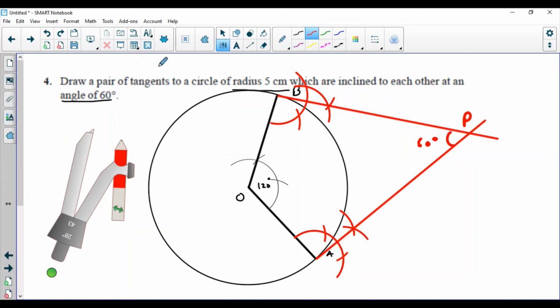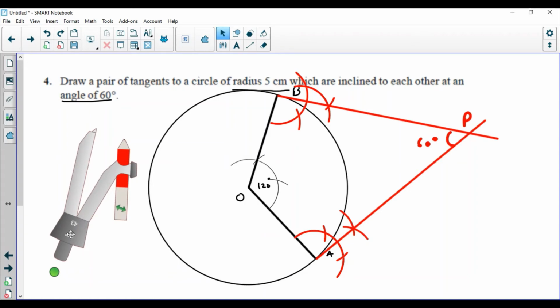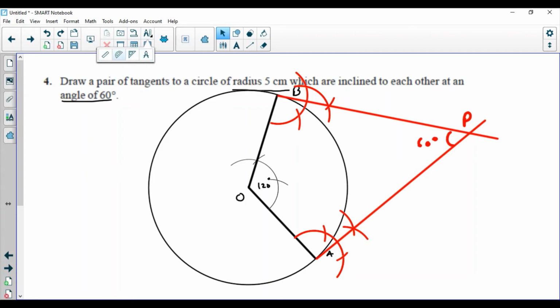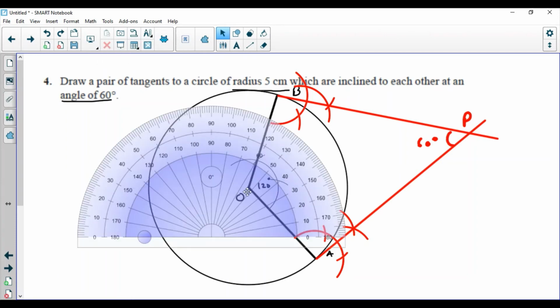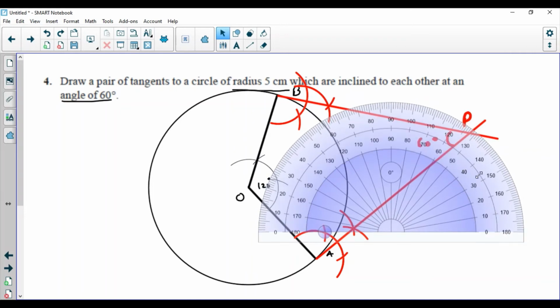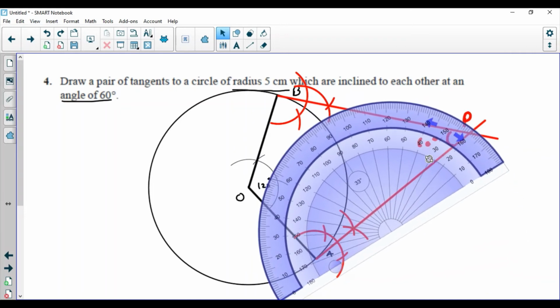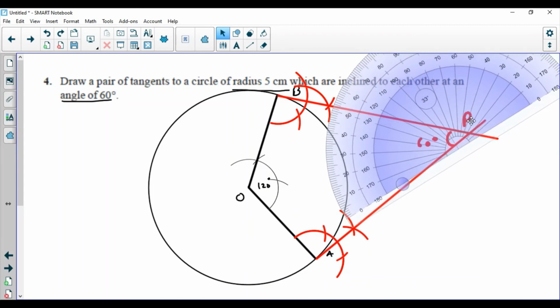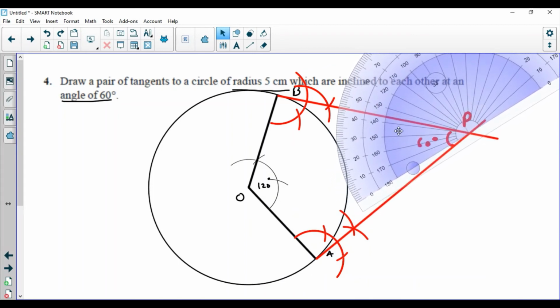Okay, so we can verify this. You can verify whether your constructions are correct or up to the mark, perfect or not. So we can use this one, protractor, to find the 60 degree.